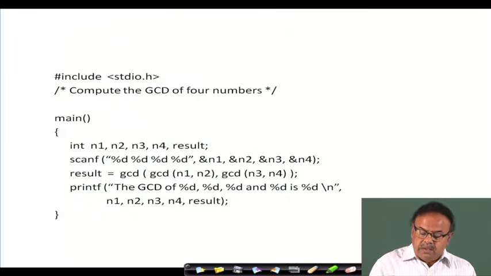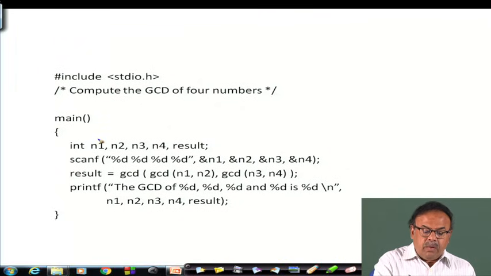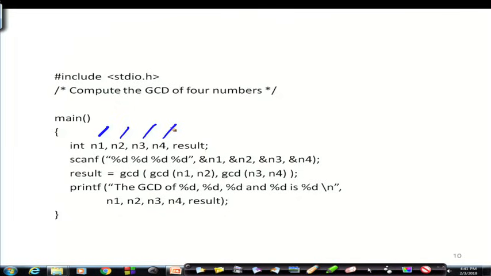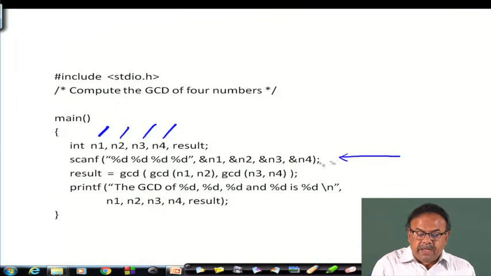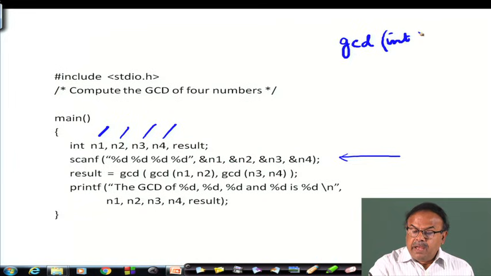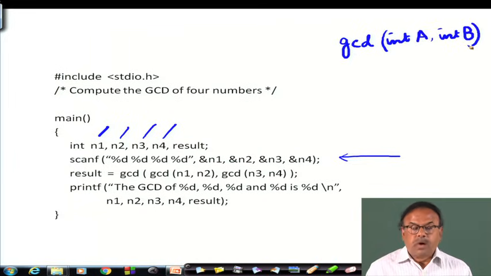In the main function, we have n1, n2, n3, n4, 4 values that are read here, as you can see. Now, the result is GCD of n1, n2, and GCD of n3, n4. There is one function GCD which takes int A, int B, that is what we saw.